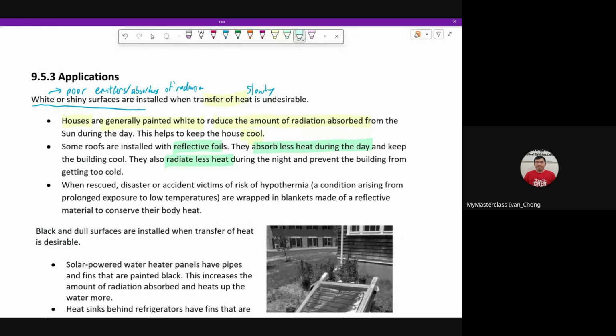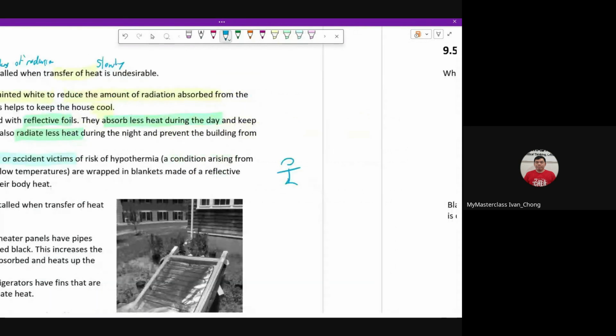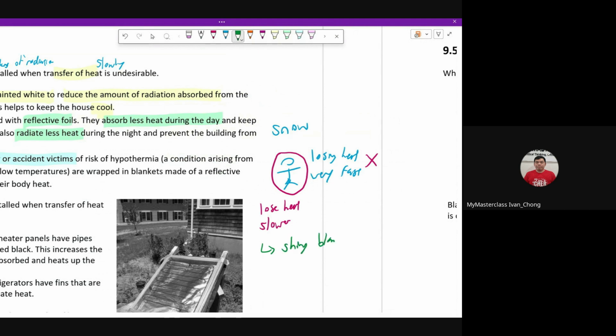In some cases, when there's a disaster, disaster victims caught in snow are losing heat very fast. Okay, it's so fast that they are almost going to die. So you don't want to lose heat faster. You want to lose heat slower, right? So you'll use a shiny blanket. Okay, we'll use a shiny blanket.